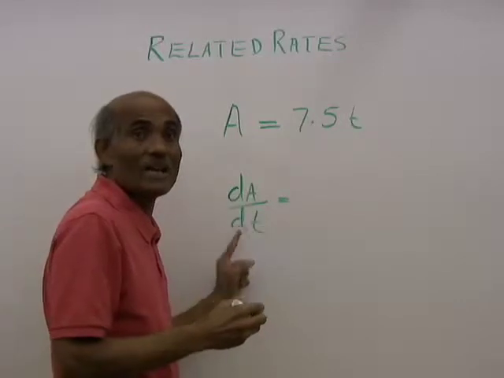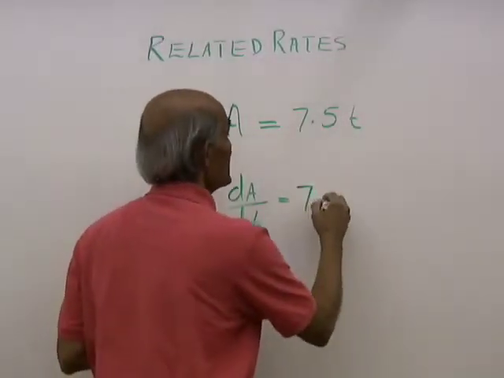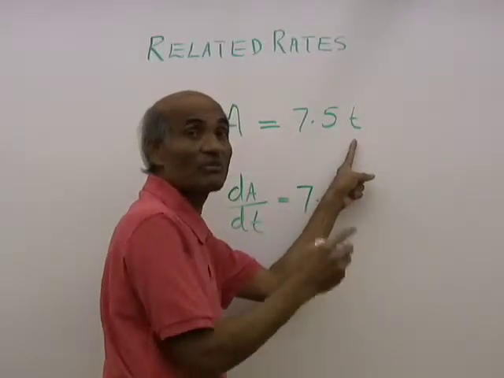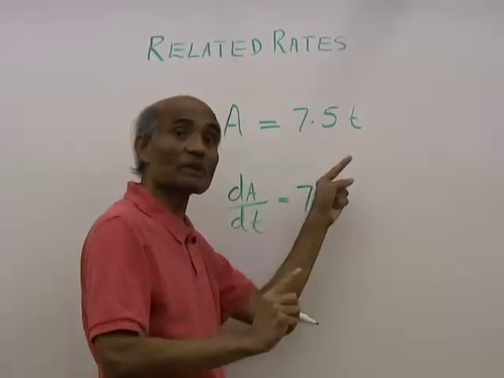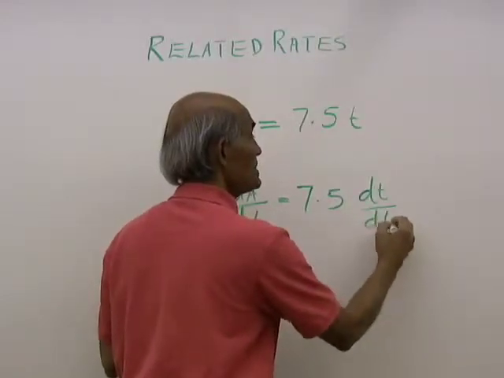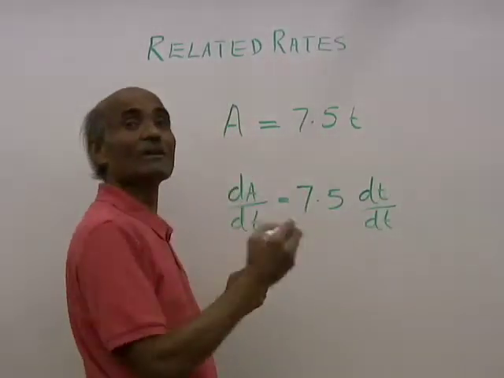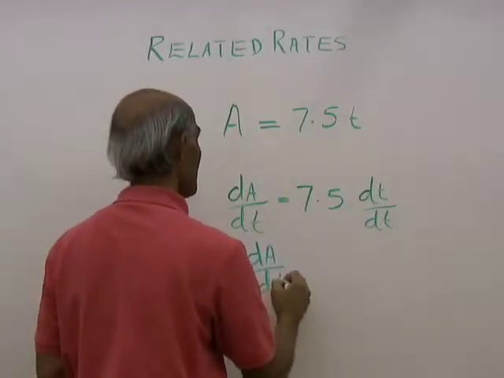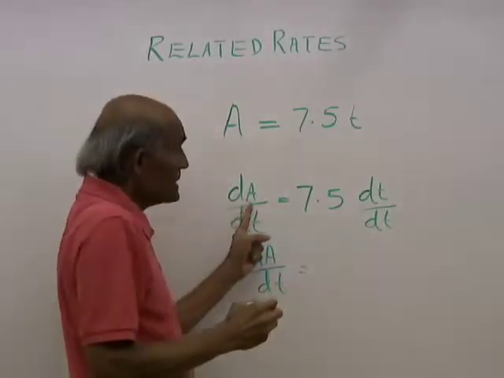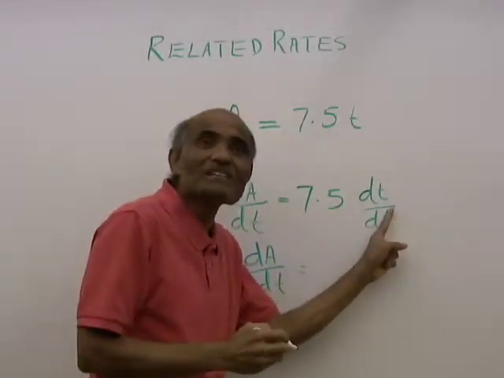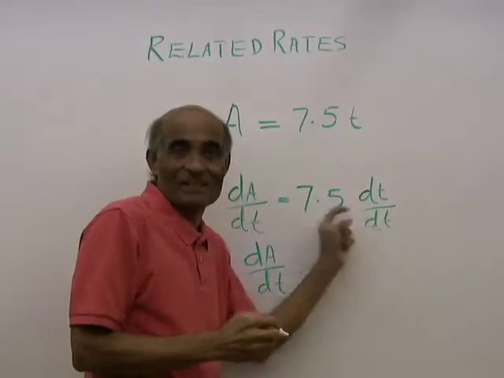We find dA by dt equal to 7.5 times the derivative of t with respect to t, which is dt over dt, or 1. So we find that dA by dt is related to dt by dt.